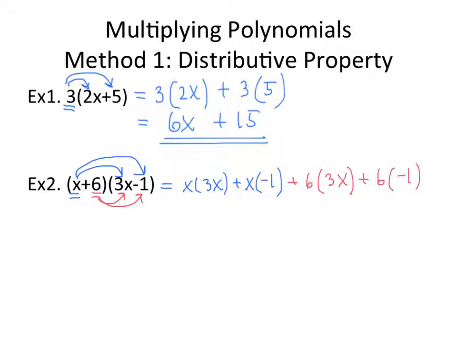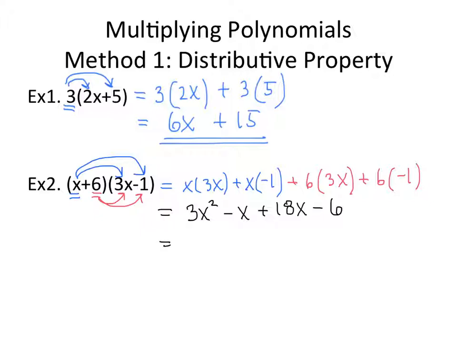And from here, what we'll want to do is simplify. X times 3x is 3x squared. X times negative 1 is minus x. 6 times 3x is plus 18x. And then 6 times negative 1 is minus 6. So right now we have 4 terms.